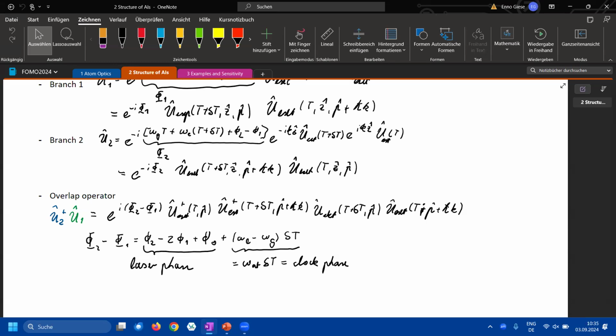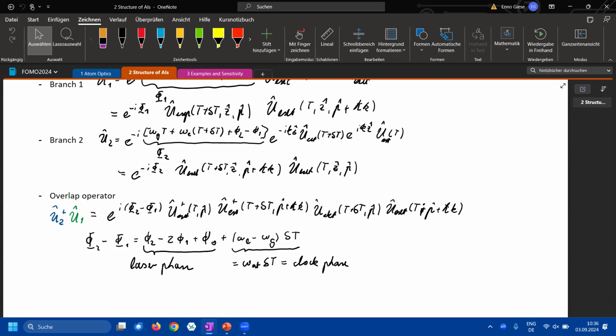And then on top, if you just take the difference between those phases, you see that there is a clock phase arising. And it depends on the atomic frequency, so the transition frequency times the difference in the time evolution. So one time evolution is capital T, and the other one is capital T plus delta T. And this delta T is a measure for the time that the atom spends in different internal states.